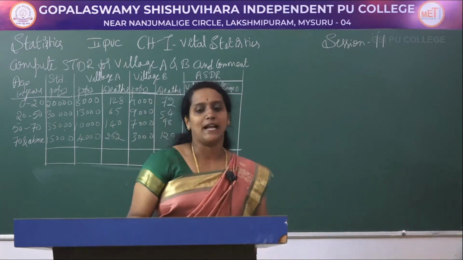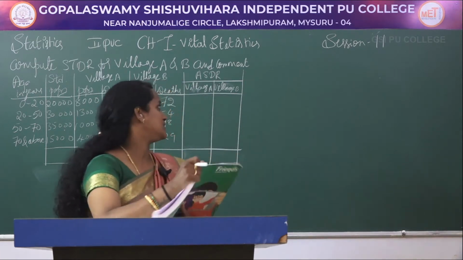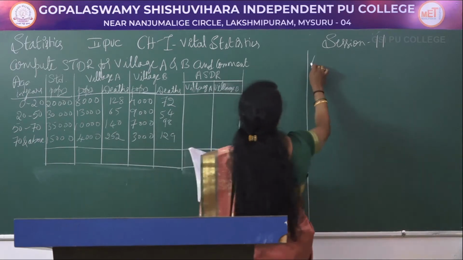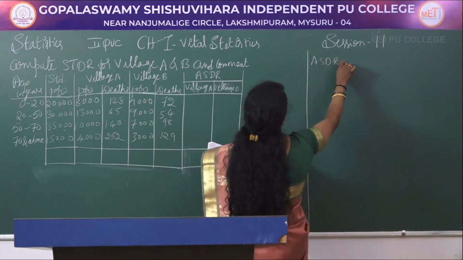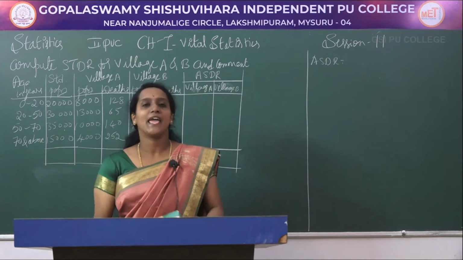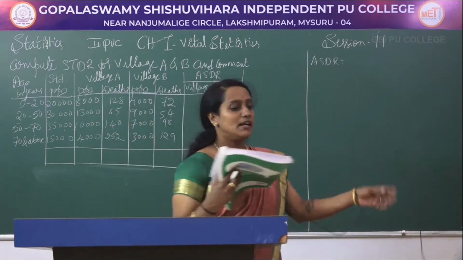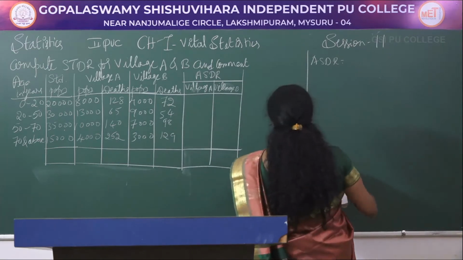Before that, to find out ASDR we have to write the formula. So ASDR is nothing but age specific death rate. Write down the formula for this.